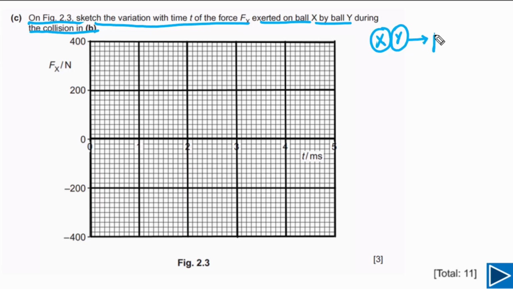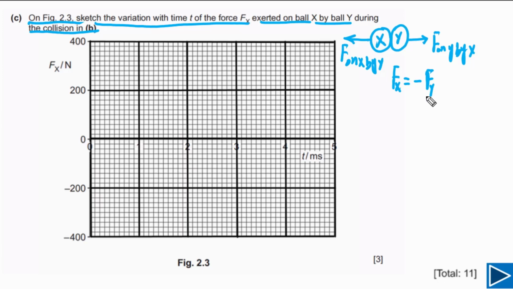So the force on Y, we can simply say the force on Y by X. There will also be another force on X by Y. So we can say this is the force on X by Y, and these two forces will be equal in magnitude and opposite in direction because they are action and reaction forces. So I will simply write down here Fx will be equal in magnitude to Fy but opposite in direction.